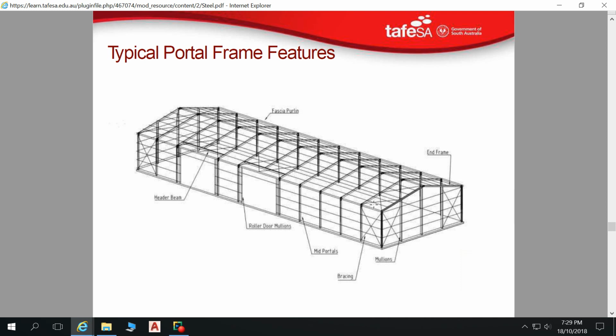Sometimes with some portal frame constructions, you don't need a lot of bracing in there. You'll only need roof bracing between two portal frames. If that's the case, you choose to put your bracing where you're going to have openings. So if you're going to have big roller doors happening at this end here, you put your bracing in this last portal frame section.